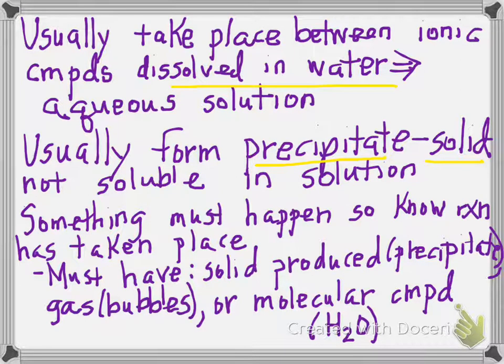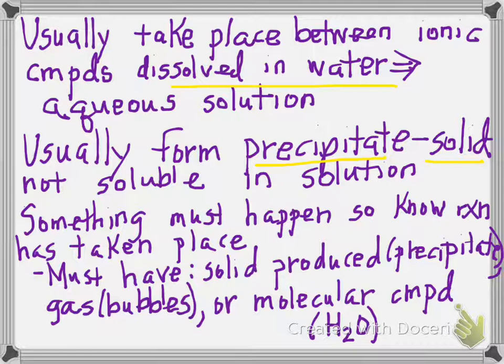So, for a double replacement reaction to take place, because again we have these two ionic compounds in aqueous solution dissolved in water, something has to happen when I mix them together so that I know this reaction has taken place. There's kind of three things that can happen.